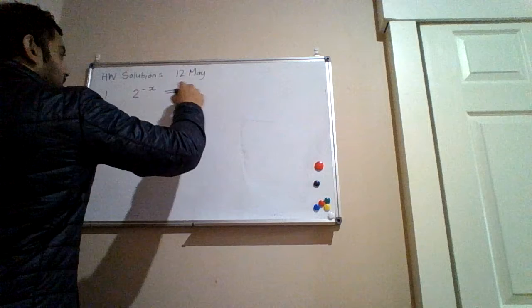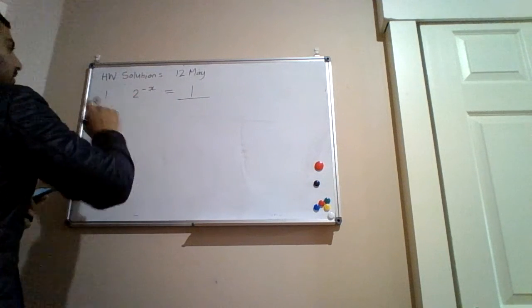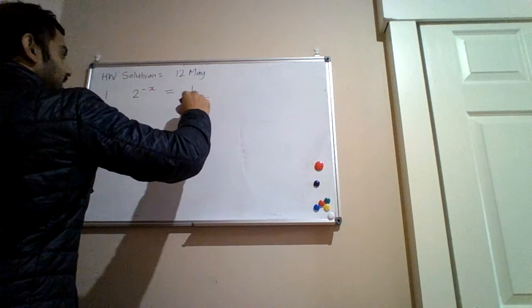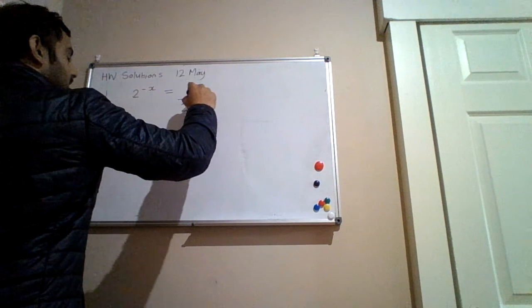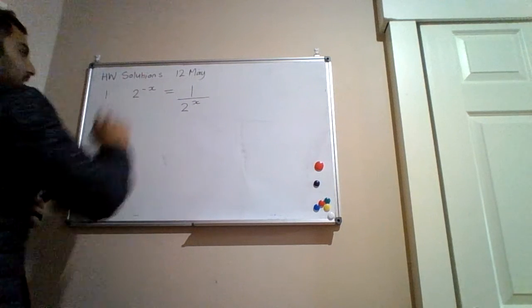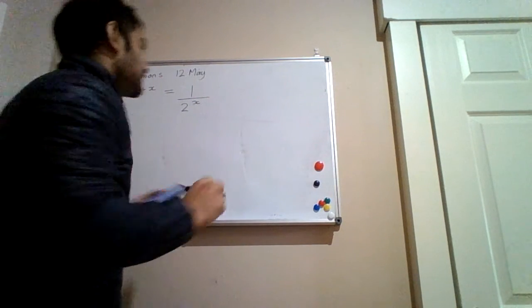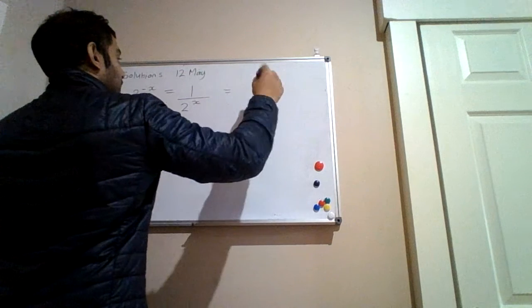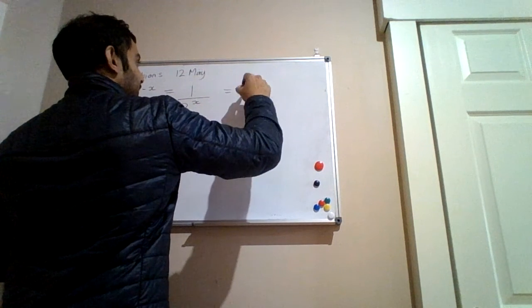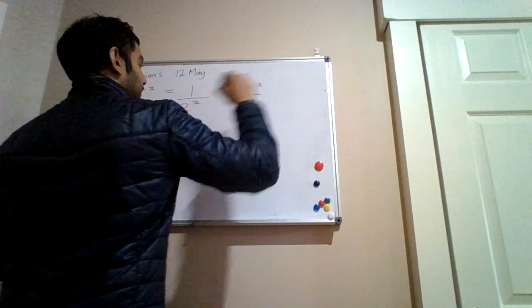Our rule for exponents tells us that we must flip this and then change the sign. So it's 1 over 2, and when we change the sign, it goes from negative x to positive x. And this equals 1 to the power of x over 2 to the power of x.